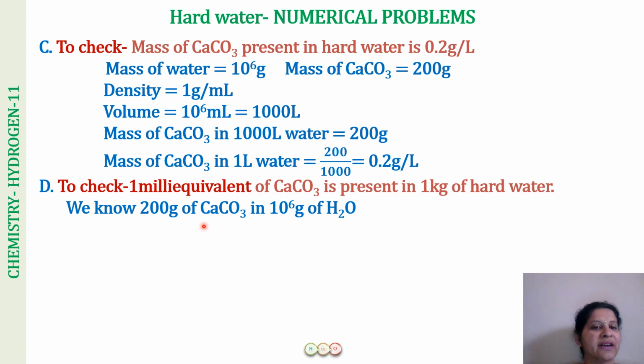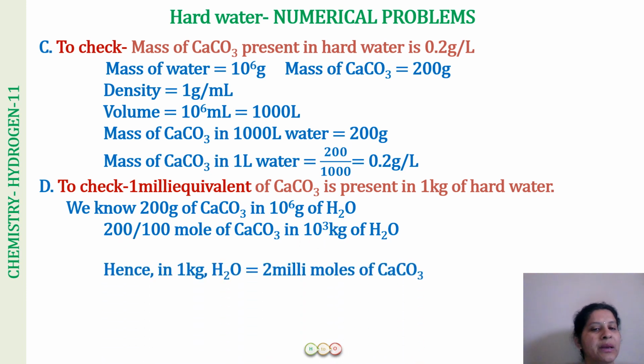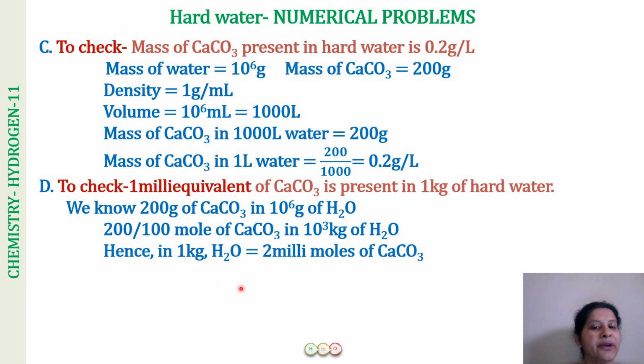Yes, we can. We have to simply divide this mass by the molar mass. So 200 by 100 moles is what we will be getting of calcium carbonate in 10 power 6 grams or 10 power 3 kg of water, that is 1000 kg. If it is 1000 kg, you are getting 2 moles. So in 1 kg, you will be getting how many moles? It will be 2 millimoles of calcium carbonate.